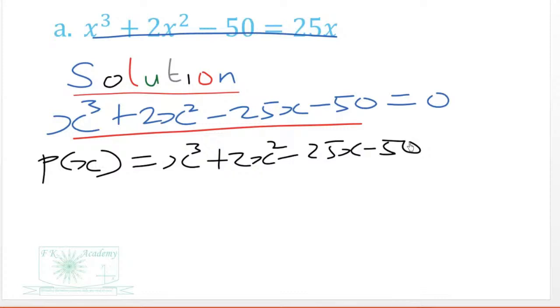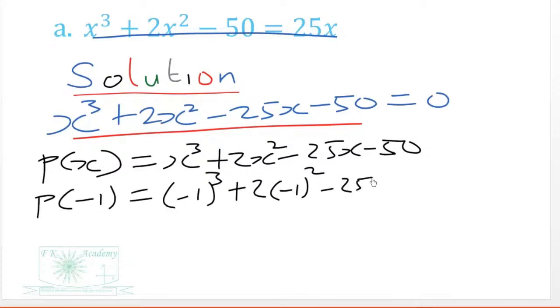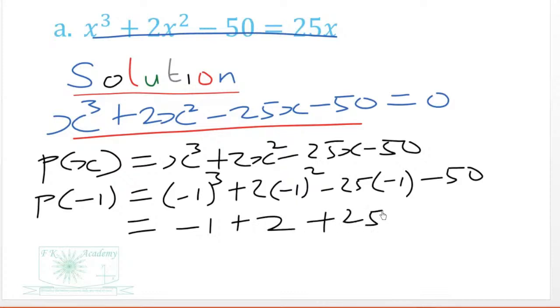So let's try -1 and see. Then we simplify. After substituting x equal -1, this will give us -26 plus 2, which is -24. Hence, x plus 1 is not a factor of the polynomial p of x.